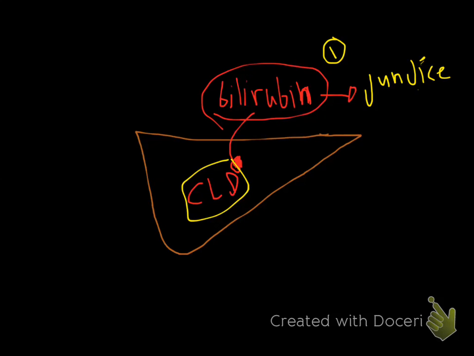The second function of the liver, we mentioned that the liver is responsible for making albumin, which is the most important protein in the serum.